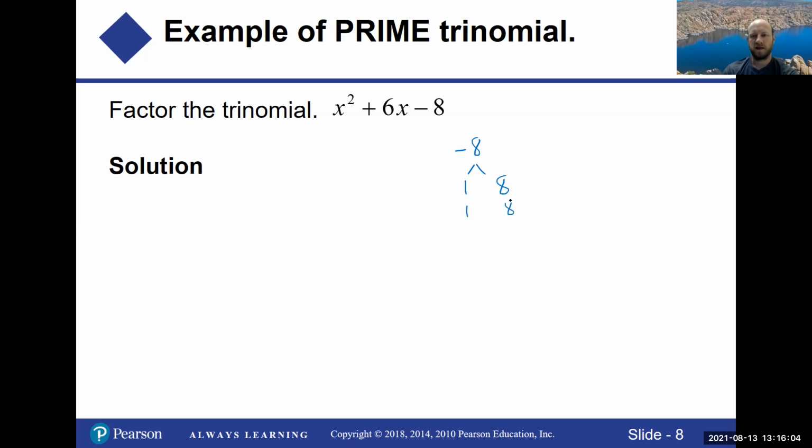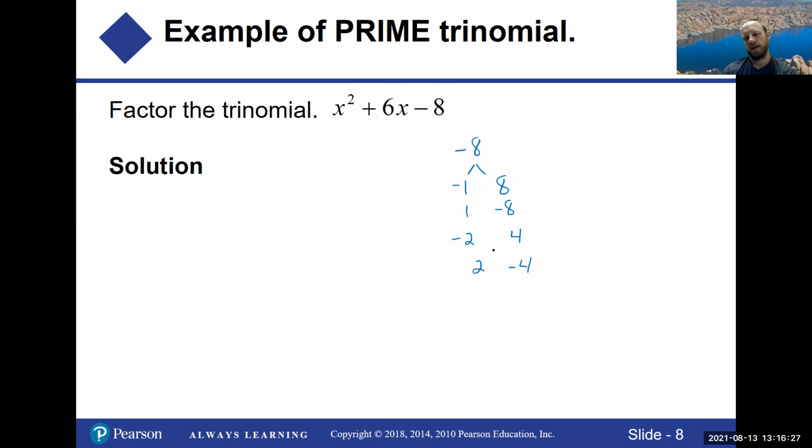And there's a reason why I'm writing these out twice. But let's go through all the options here. They have to multiply to give me -8. Well, the only ways that can happen are -1 times +8, or 1 times -8, or -2 times +4, or +2 times -4. Those are the only 4 options.